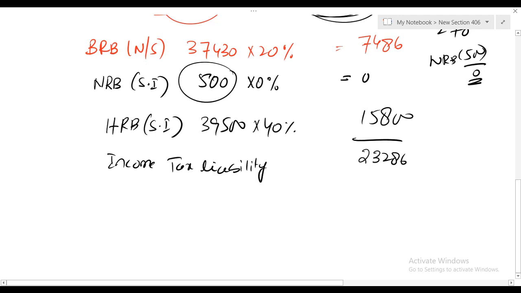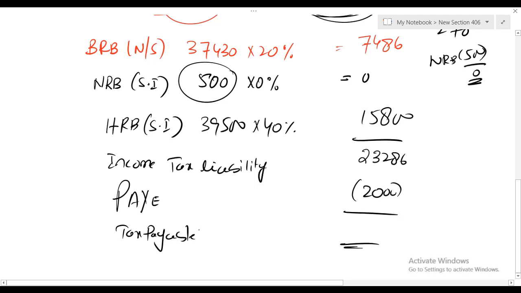PAYE means pay as you earn. Normally when you are working somewhere, you pay your income tax through PAYE because your employer deducts it through this system. We paid 2,000, so the tax payable is 23,286 minus 2,000, which gives us 21,286. So the tax payable is 21,286.